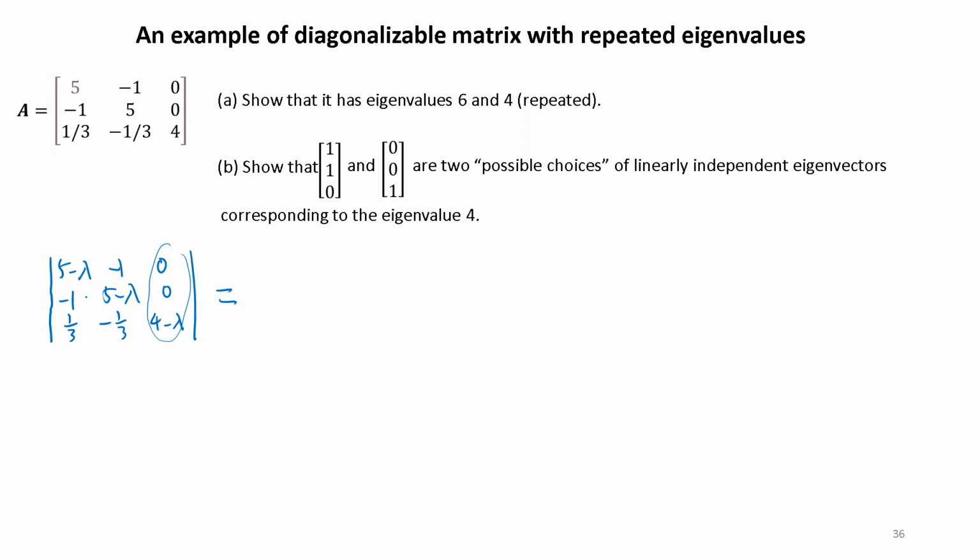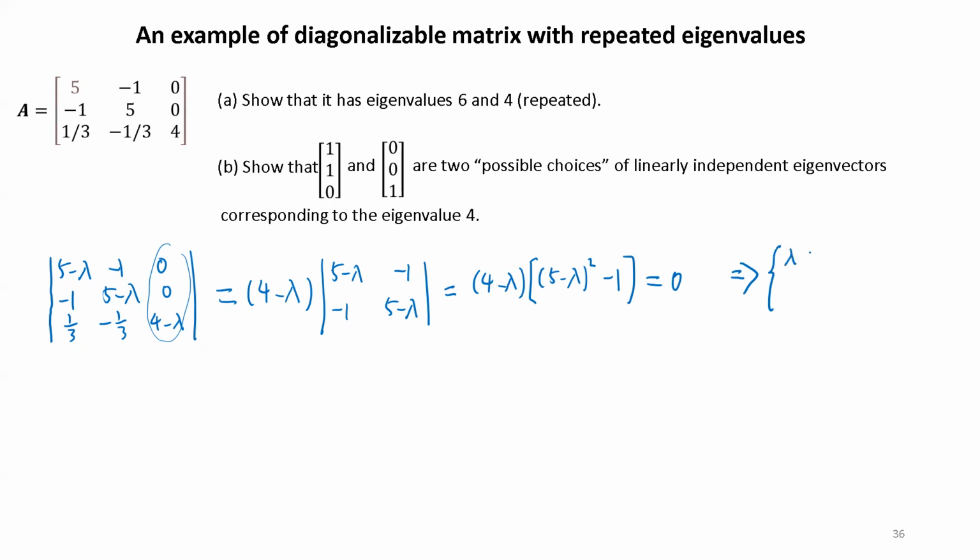So what you have is just 4 minus lambda times this 2x2 determinant, and that is (4 minus lambda) times ((5 minus lambda) squared minus 1). And this is 0.